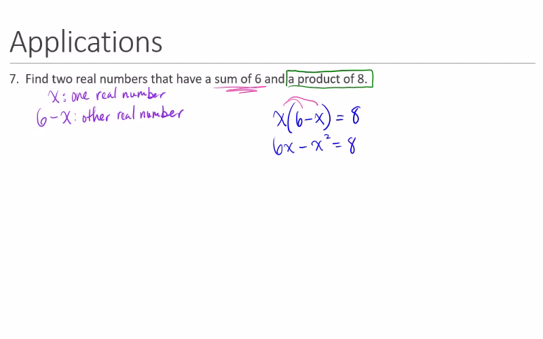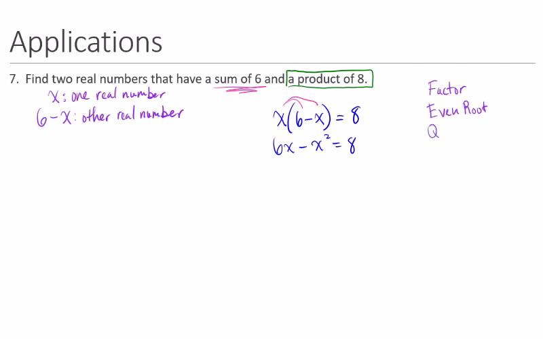Now we have some options. We've gone through really 4 different ways to solve quadratics. We can use the factor method. We have the even root property method, where we isolate the squared variable.